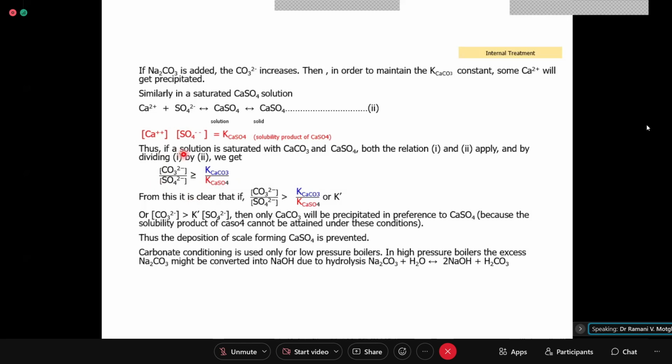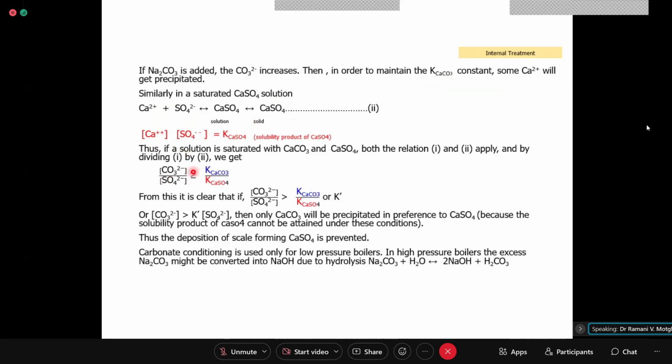If this is maintained higher, then the Ksp of calcium carbonate is achieved and the Ksp of calcium sulfate is not achieved. Similarly, if sodium carbonate is added, the carbonate increases. Then in order to maintain the Ksp of CaCO3 constant, some calcium will get precipitated, so the Ksp of calcium sulfate is not attained.